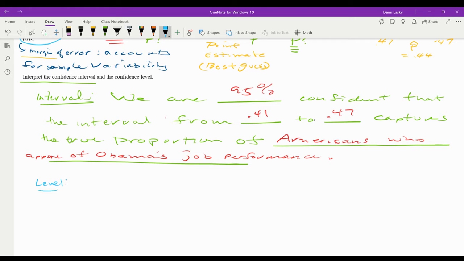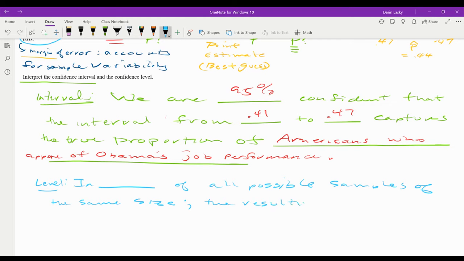So our confidence level says this: in blank of all possible samples of the same size, the resulting confidence interval will contain, or would capture, we'll just say would capture, the true, well, and I'm going to put this as a blank here.